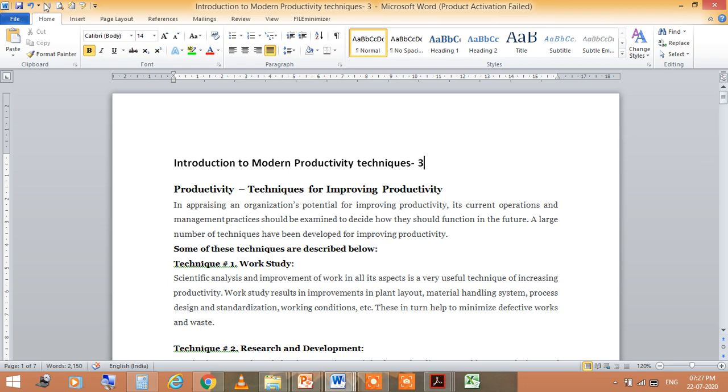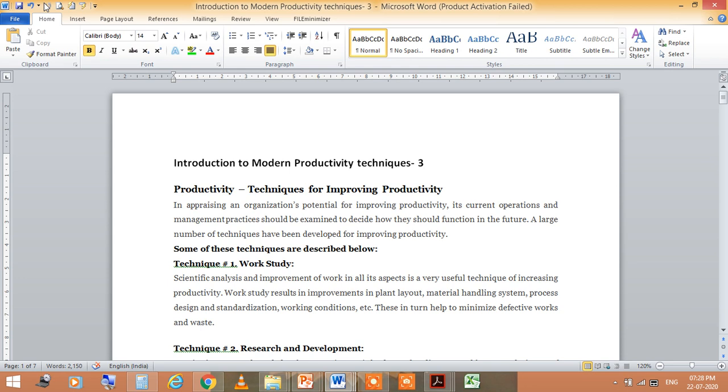In this session, I would like to tell you about the productivity techniques, how we can improve productivity. There are some techniques which are described here. First technique is the work study. The scientific analysis.